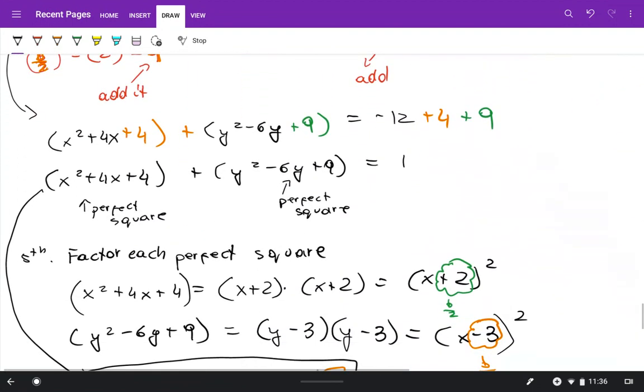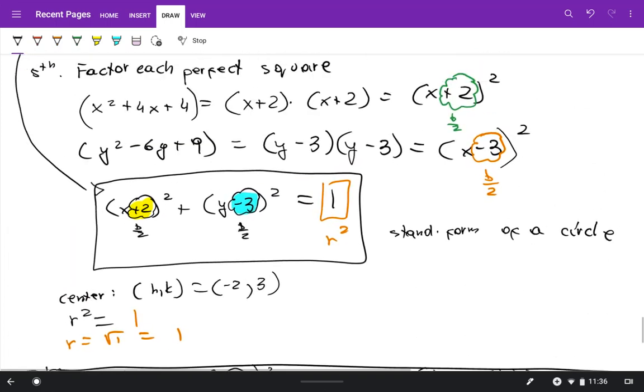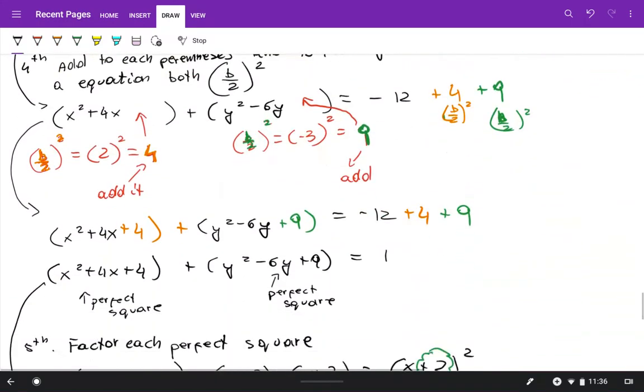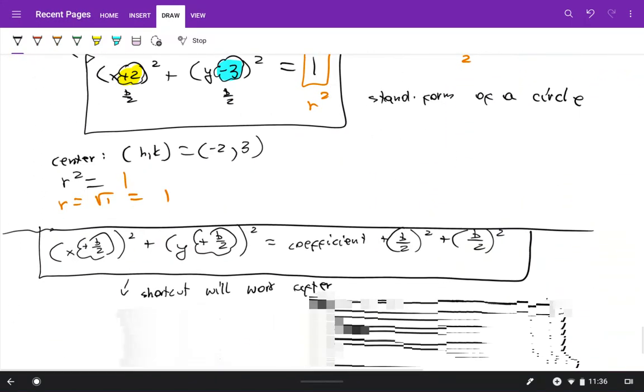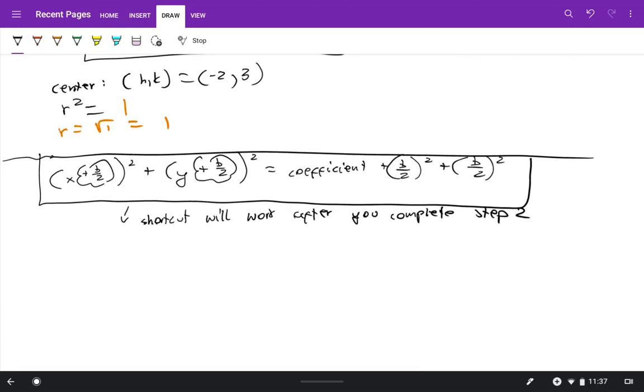The shortcut will work after you complete step 2. But again, I don't like to just use shortcuts. That's like an emergency option if we get stuck.